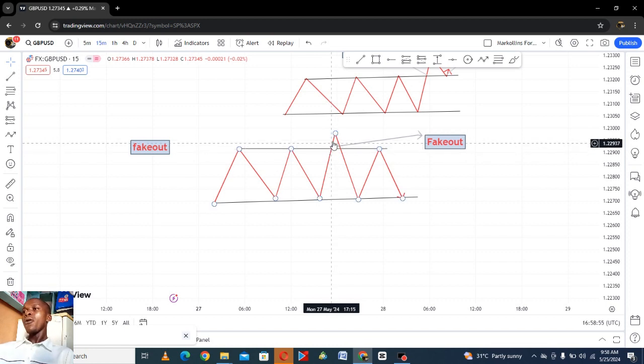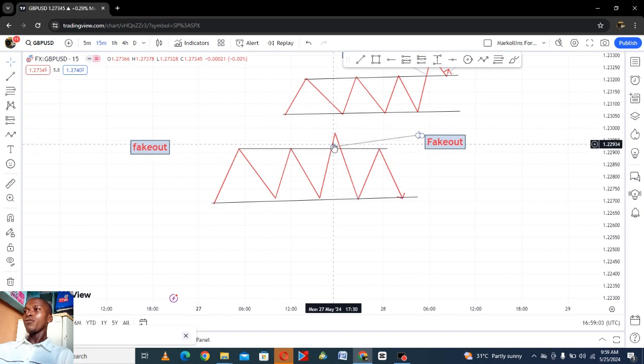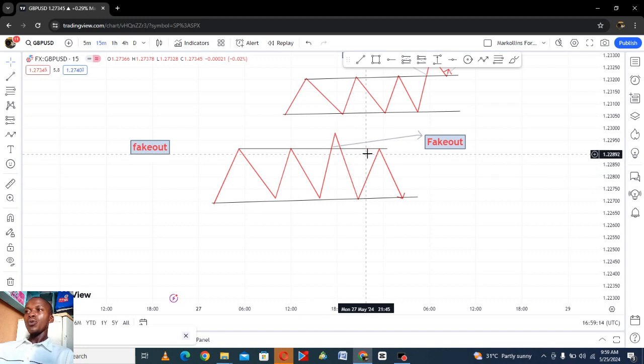Then when it trades above that place, it will come back. I'm just trying to use real life events to relate to this market. So when price breaks above this resistance level but does not establish another support or resistance, it will still come back and continue the normal trend. That's when we talk about a fake breakout.